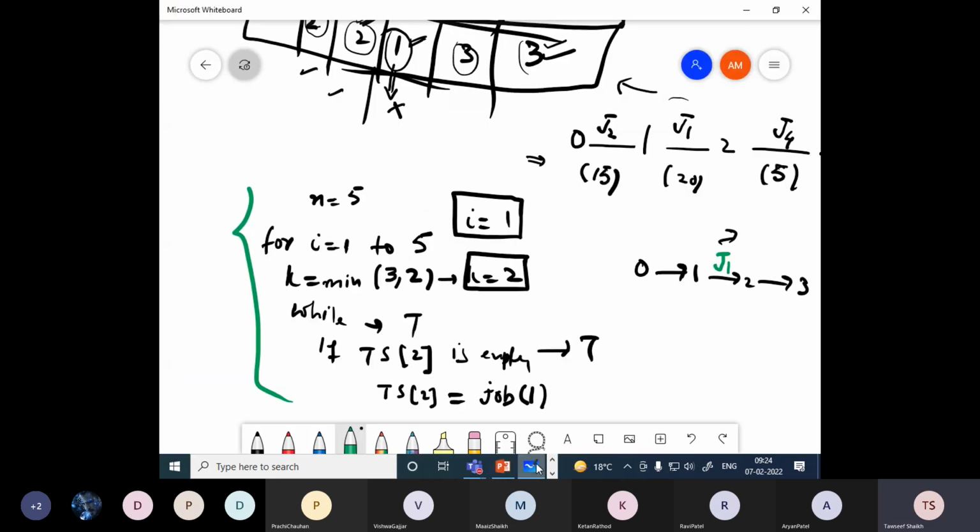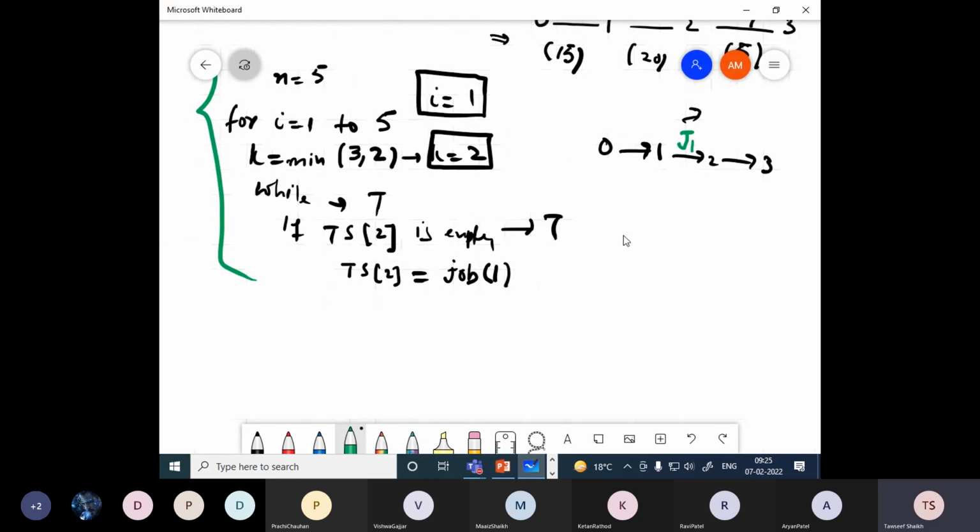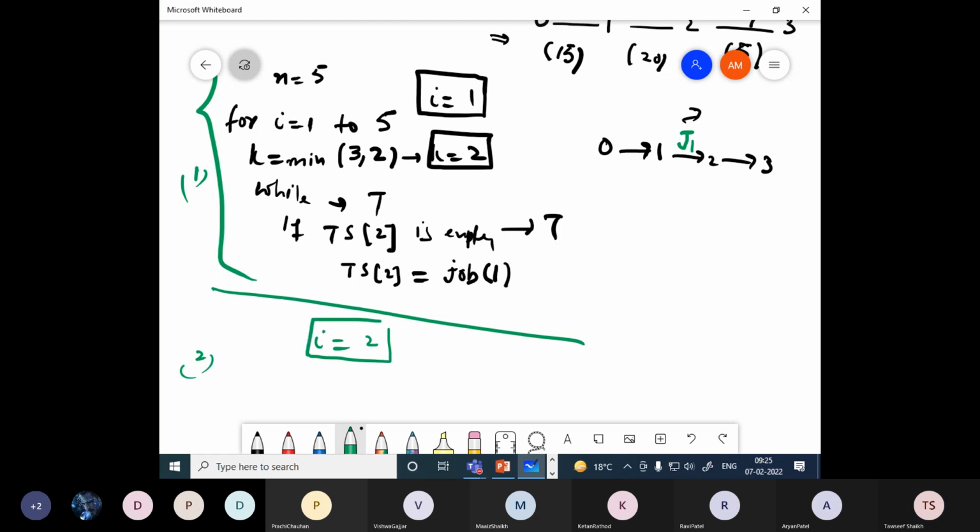Then in the next iteration, because our one task is performed, suppose this is iteration number 1, we break the loop and go to iteration number 2. In 2, I will be equal to simply 2. Now, k will be again equal to how much?